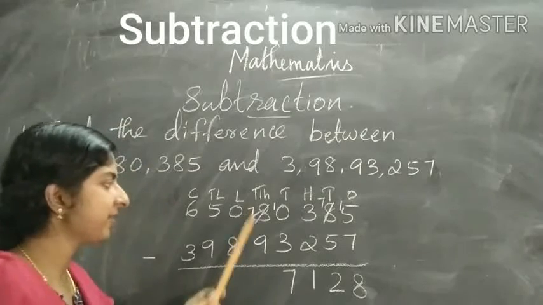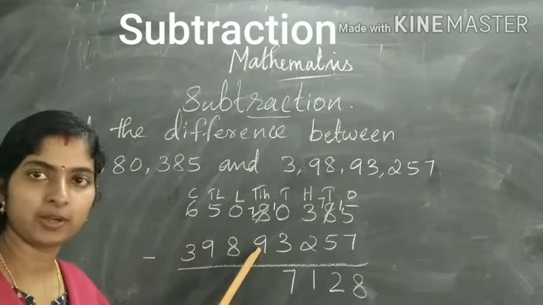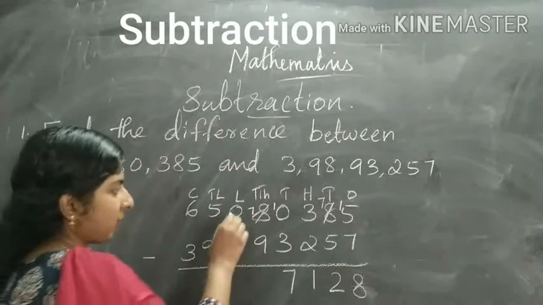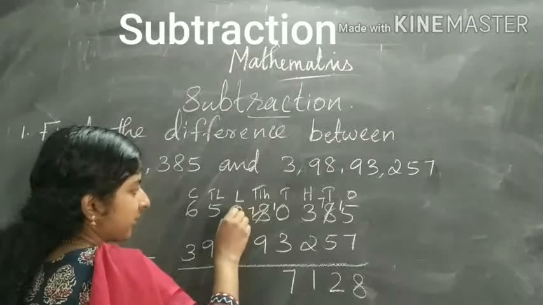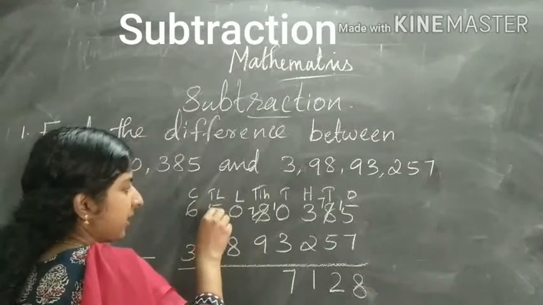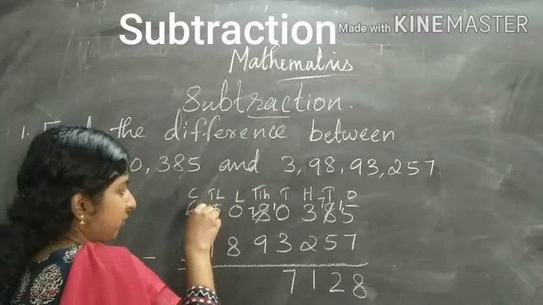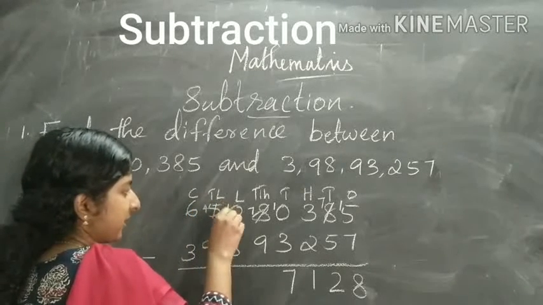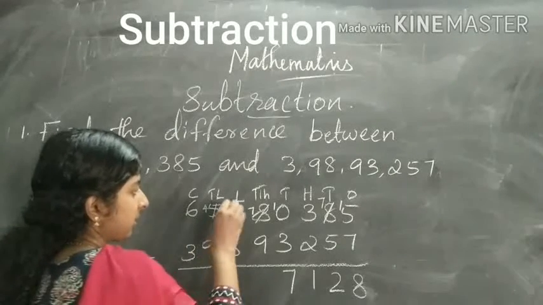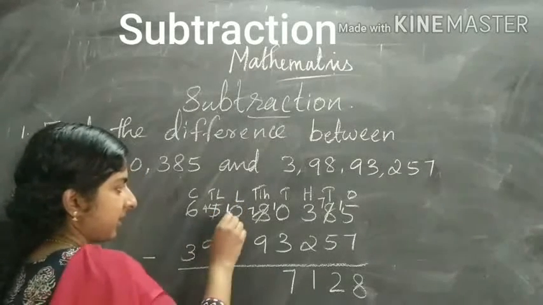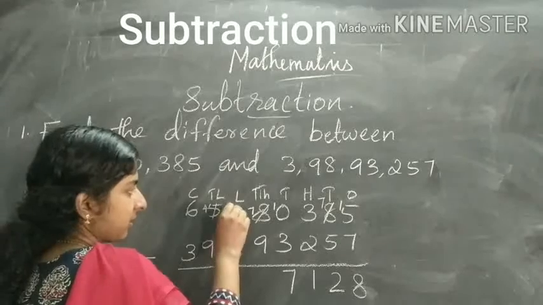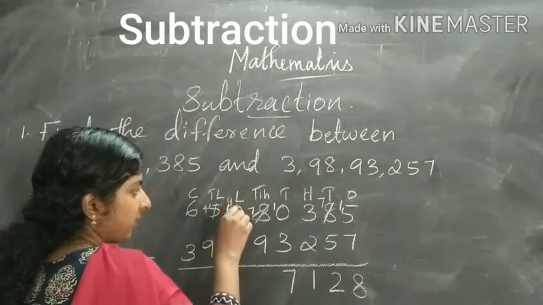Then 7 minus 9, is it possible? No. So we take 1 from the left side. Here 0, not possible. Here 5. We take 1. Here balance 4. Here 10. 1 we take.